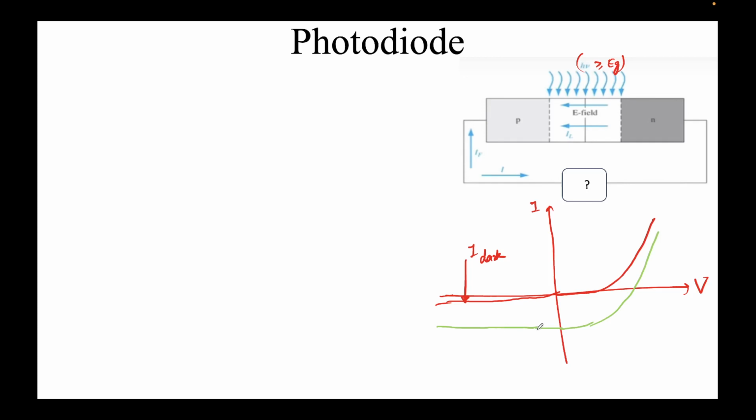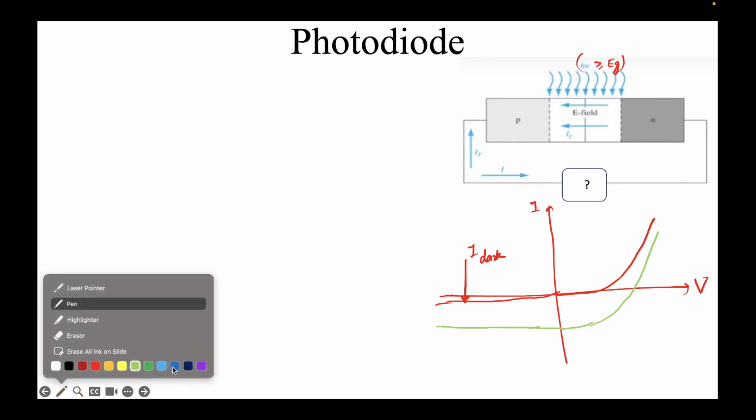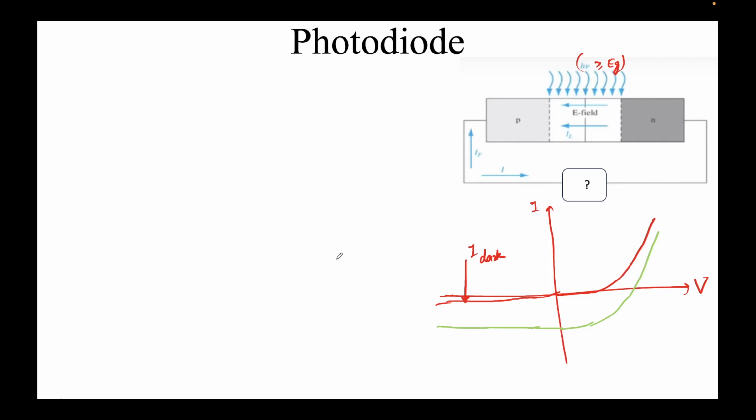Okay, now let's say you increase the intensity, that is, you increase the number of photons that are falling, and let's just assume that due to this more number of electron hole pairs are generated. That's an assumption. We'll try to quantify it a bit, but let's just say that is the case. So if I increase this even further, more photons falling, more electron hole pairs generated, the current will increase even further.